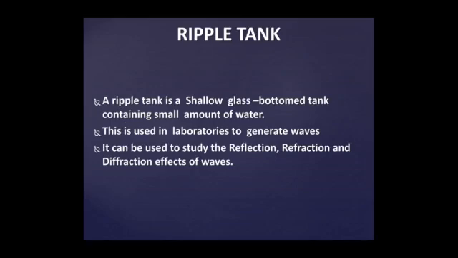It is used in laboratories of schools and colleges to generate waves for various studies. It can be used to study the reflection, refraction, and diffraction effects of waves. Let's have a look at the various parts of a ripple tank and how it works.